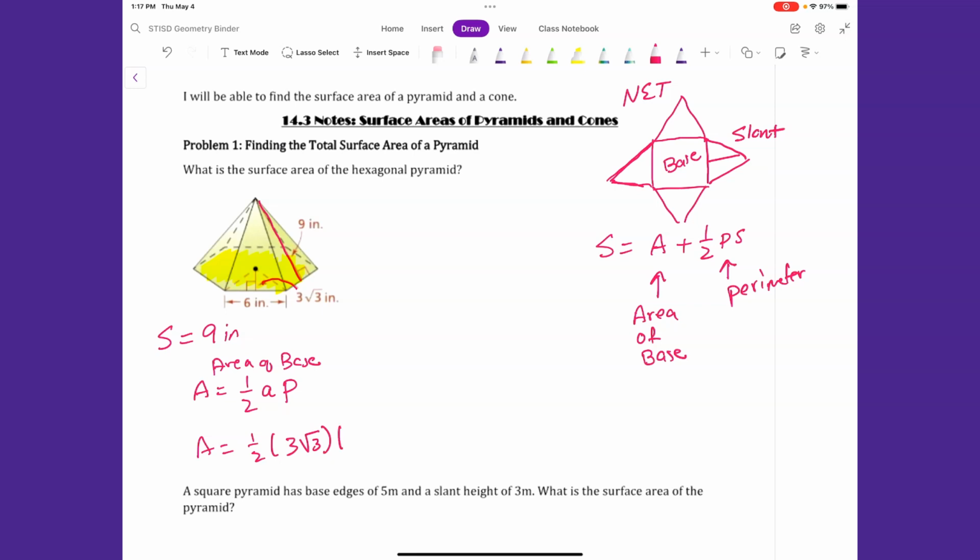To find the perimeter, I know that one side is 6, and there are 6 sides. So 1/2 of 6 is 3, 3 times 3 is 9, 9 times 6 is 54. So the area is 54 square root of 3 inches squared.